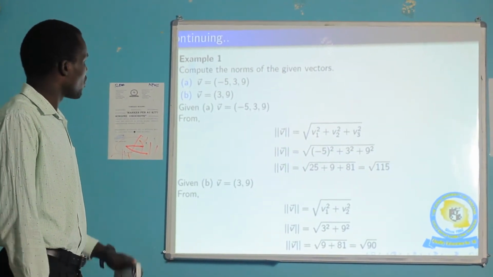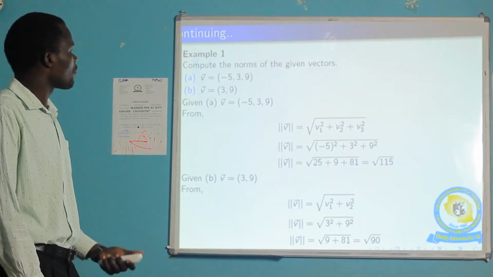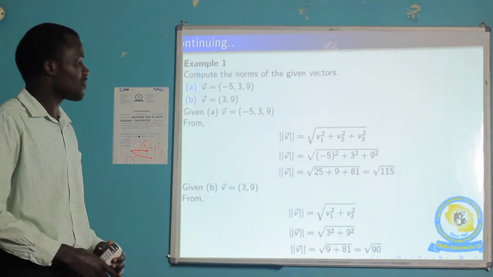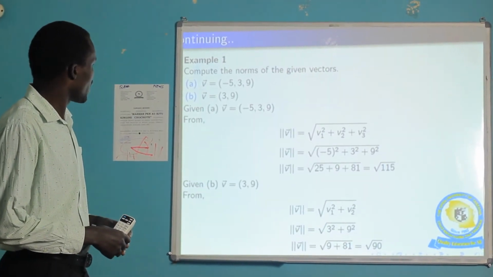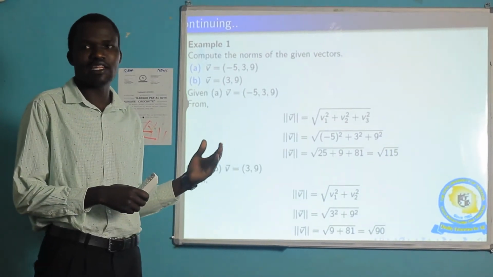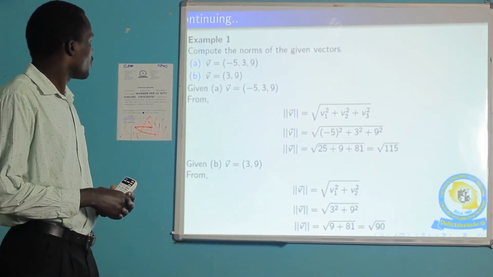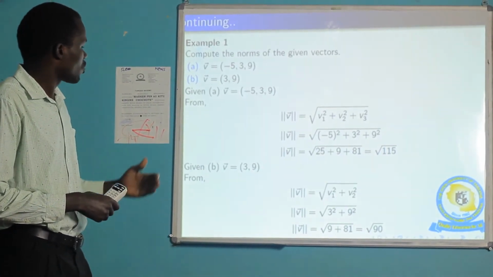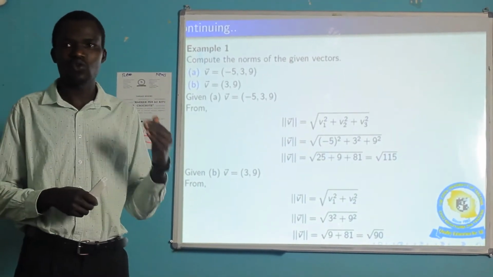So this is an example. Example 1: compute the norms of the given vectors. In part A, we are given a vector with 3 entries, which means it is in 3 dimensions. And in part B, we have another vector with 2 entries.